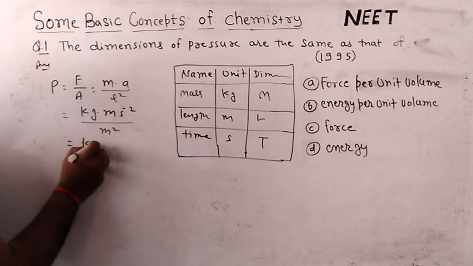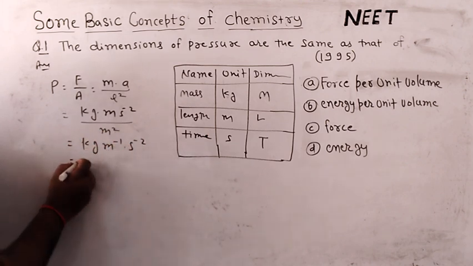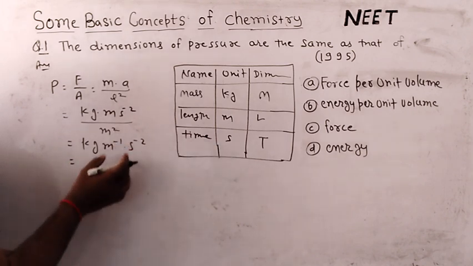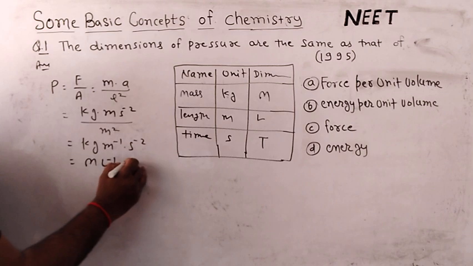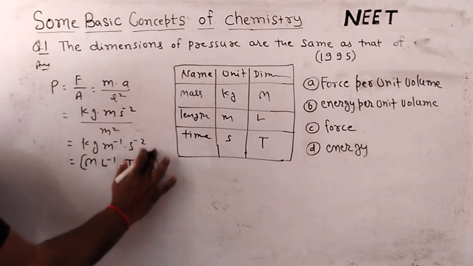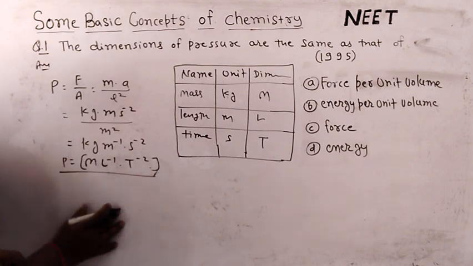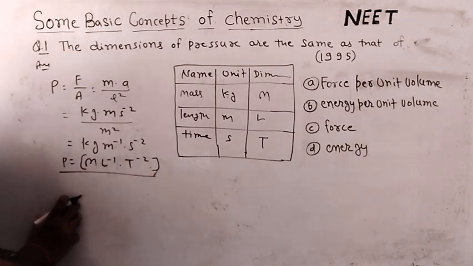So kg per meter per second square. After applying dimensions, M L inverse T inverse square in terms of dimension. This is the dimension of pressure. So one by one we can check here.